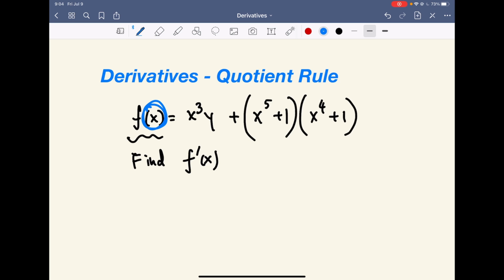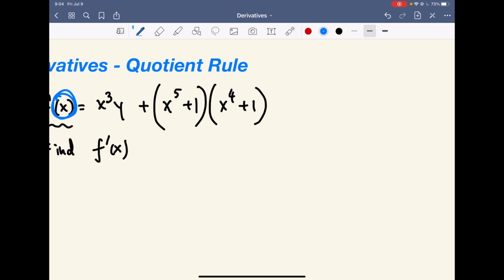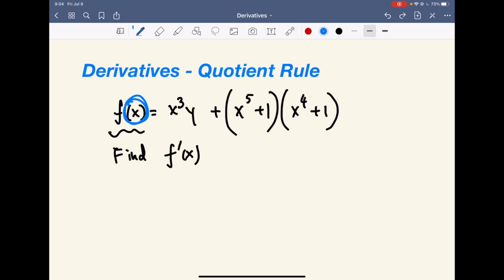This is the argument of this function, which means anything except that will be left alone. If it is still a variable, let's say k, but it's not the variable of the function, then that is just a constant. So don't let it confuse you.